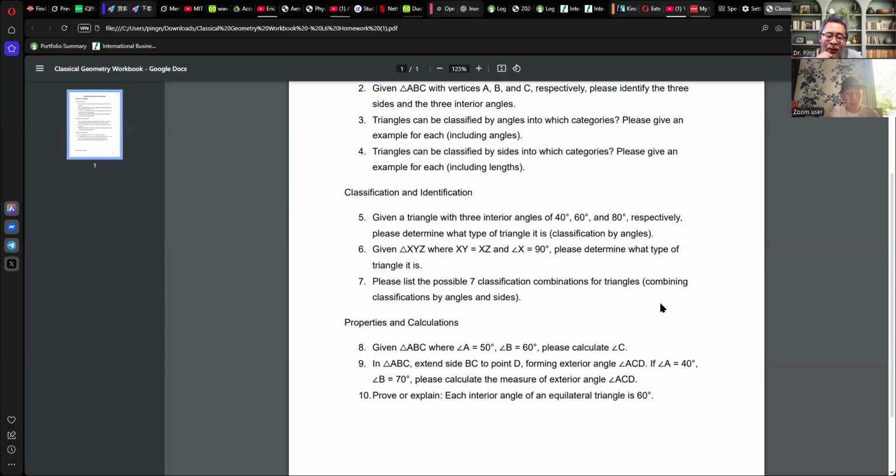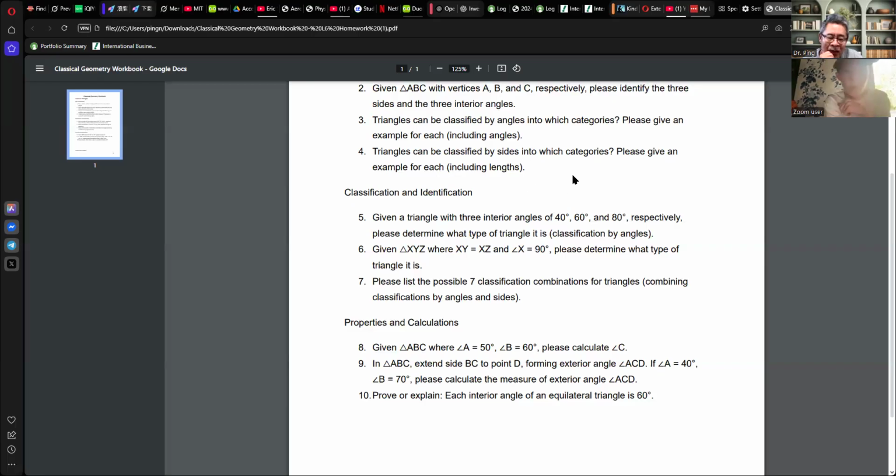We have to also talk about the side because we do have XY equal to XZ. That's not the case. Remember how we classify a triangle?